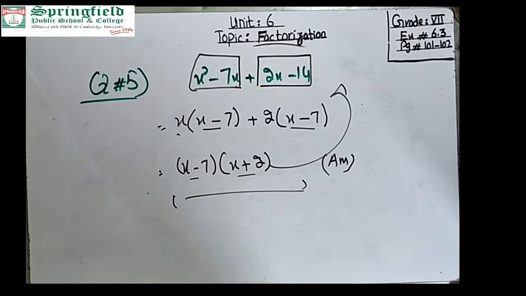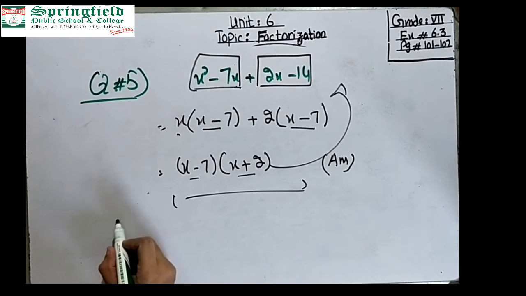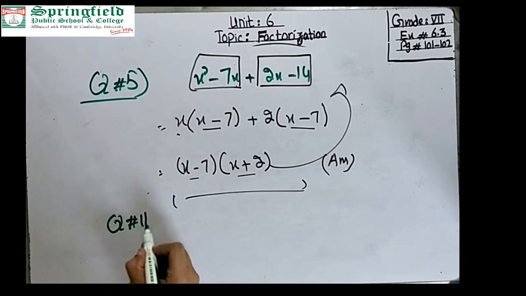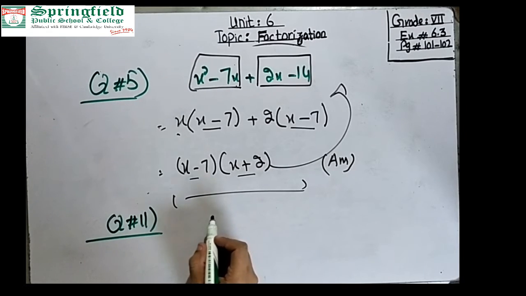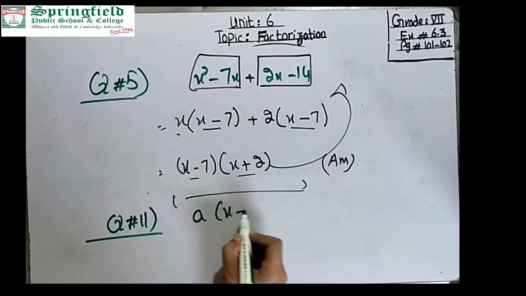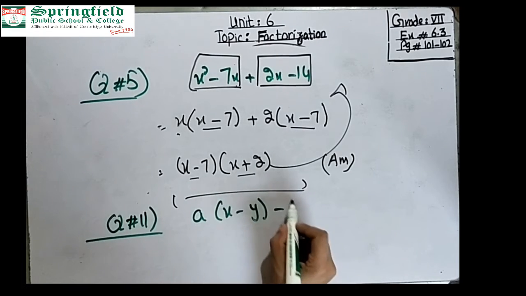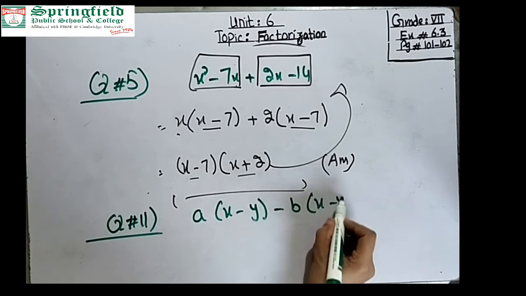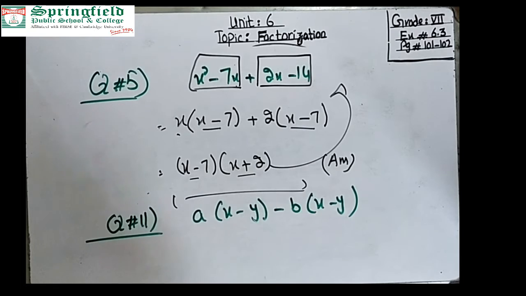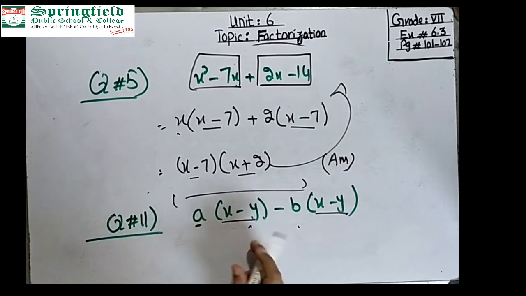Okay, now come to question 11. The rest of the parts are the same, and these are your tasks. Question 11: a(x minus y) minus b(x minus y). So easy question.